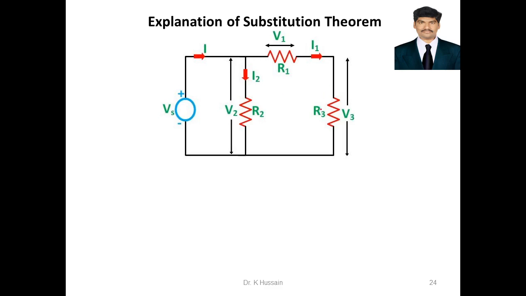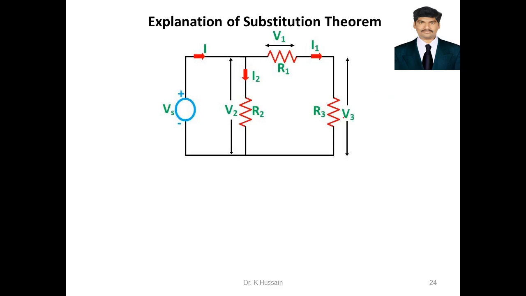Now this element is replaced by either a voltage source or a current source. This current should be the same even after replacing it by a voltage source or current source. The current in this branch should be the same. If it is replaced by a voltage source, this value also won't change. Suppose you are replacing it with a voltage source, then that voltage should be the same as the previous one.